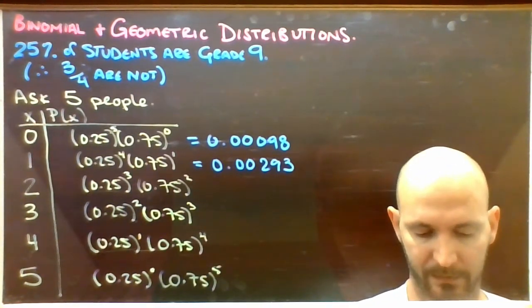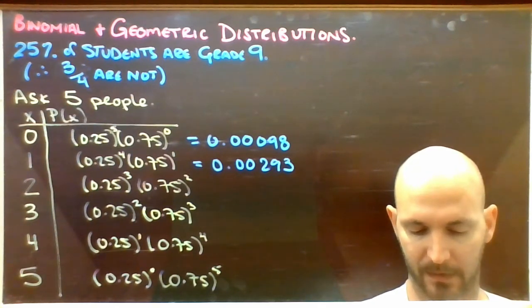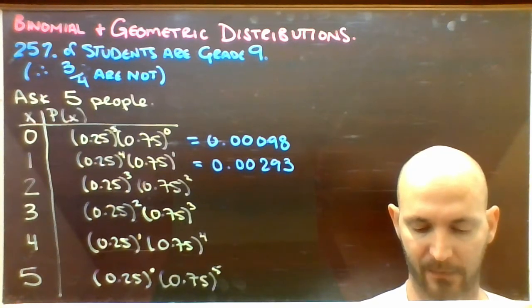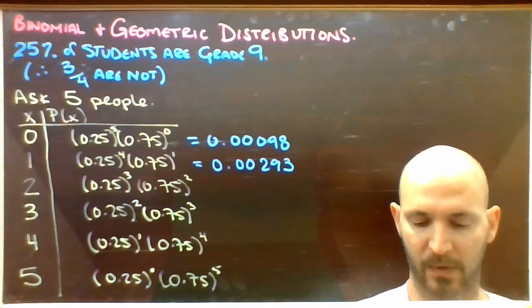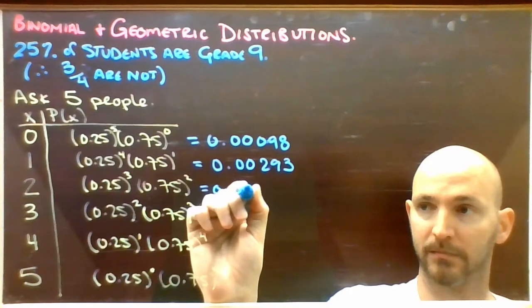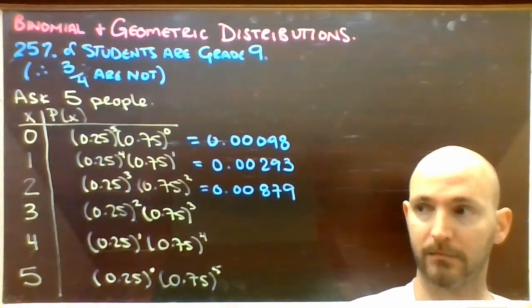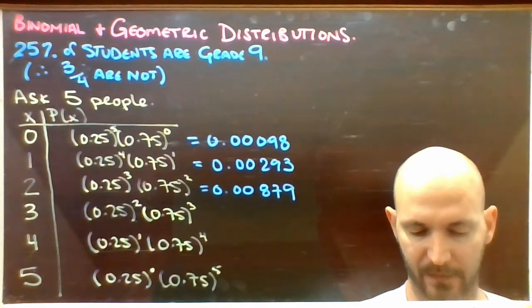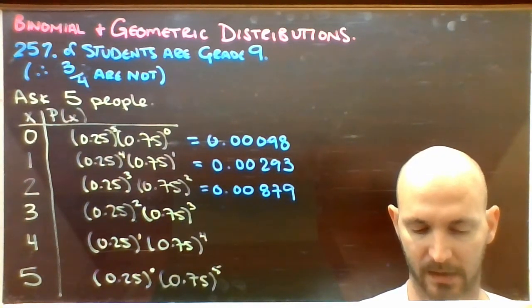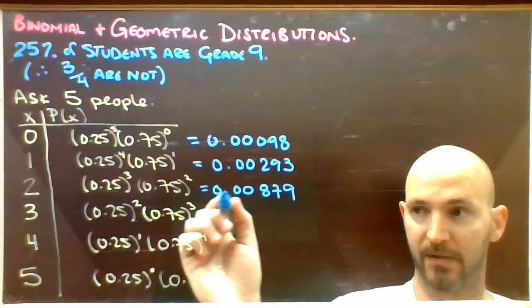The next row, 0.25 cubed times 0.75 squared is 0.00879. The next row, 0.25 squared times 0.75 to the exponent 3 is 0.02637.